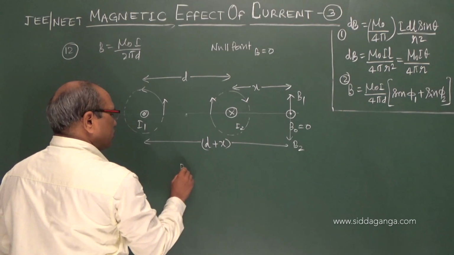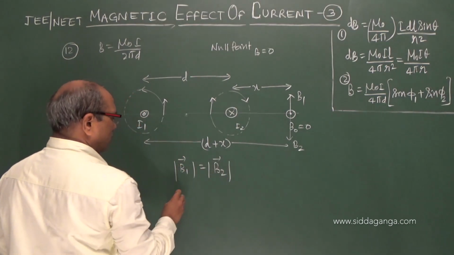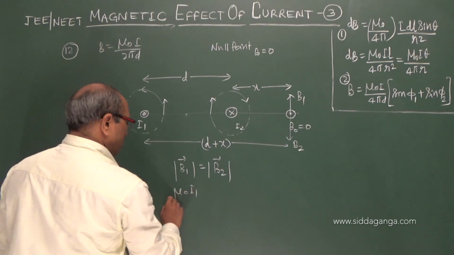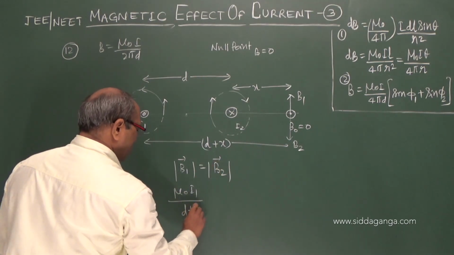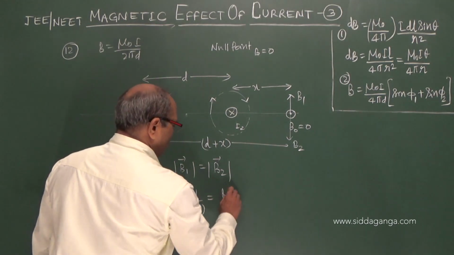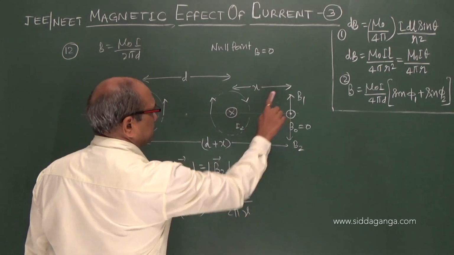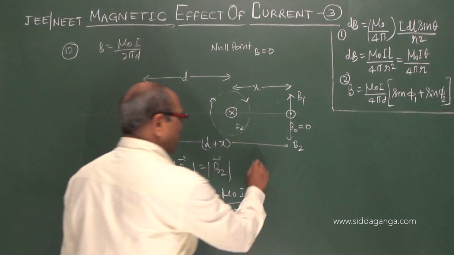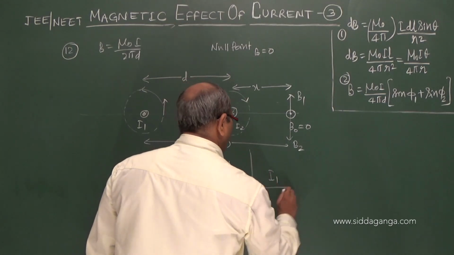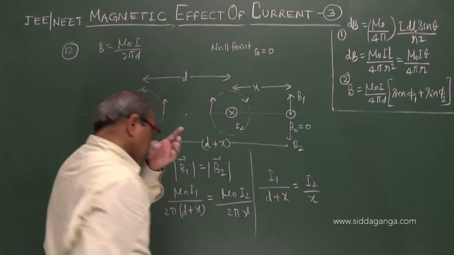Then again the same relation B1 equal to B2 applies. Mu naught I1 by 2 pi (D plus x) equals mu naught I2 by 2 pi x, because from this point I take I2. Cancelling, we get I1 upon (D plus x) equal to I2 by x.